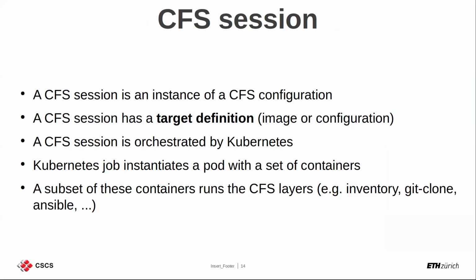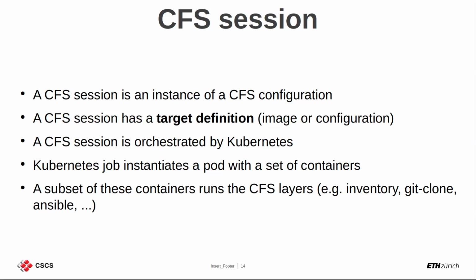Now, a session is what I'm calling here an instantiation of a CFS configuration, because the CFS configuration by itself doesn't do anything. You need to tell Alps to now take the configuration and build the image, or now take the configuration and apply it to a running machine because I want to finish mounting file systems or doing other stuff.